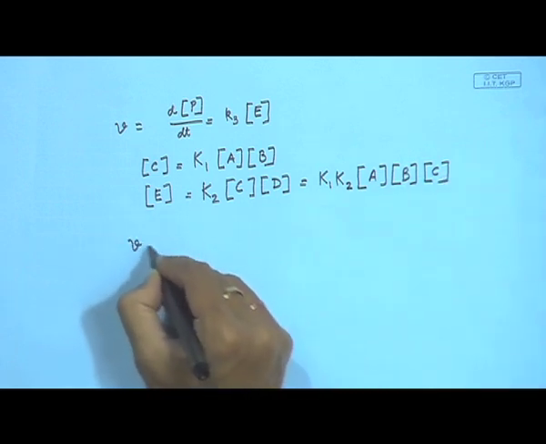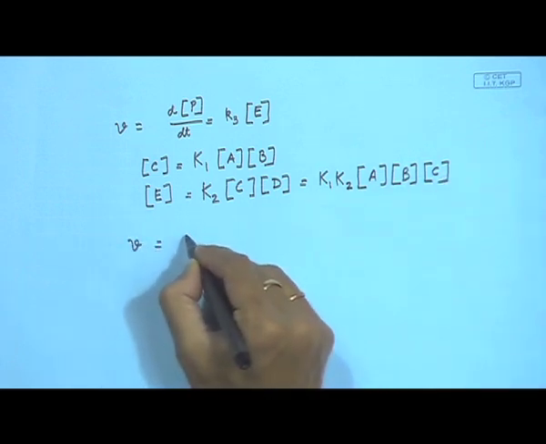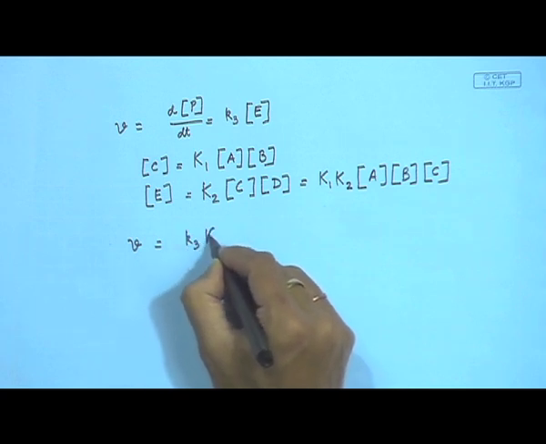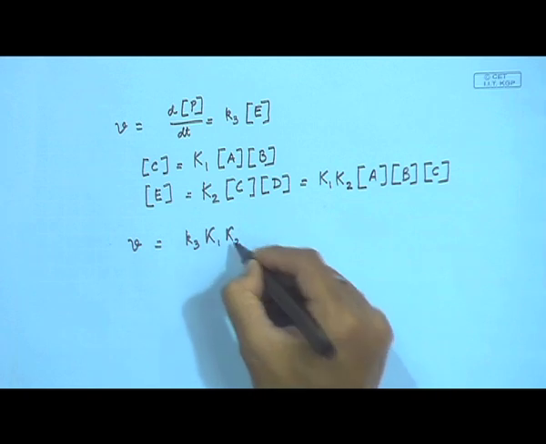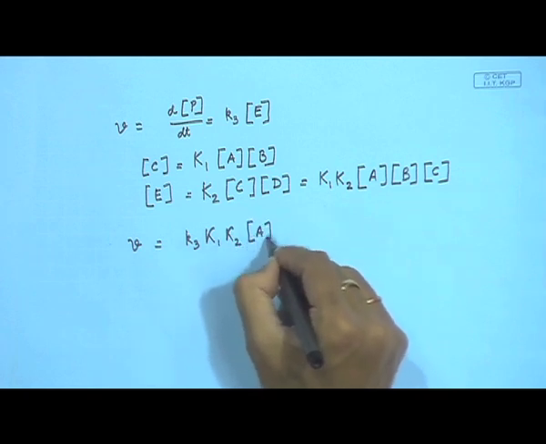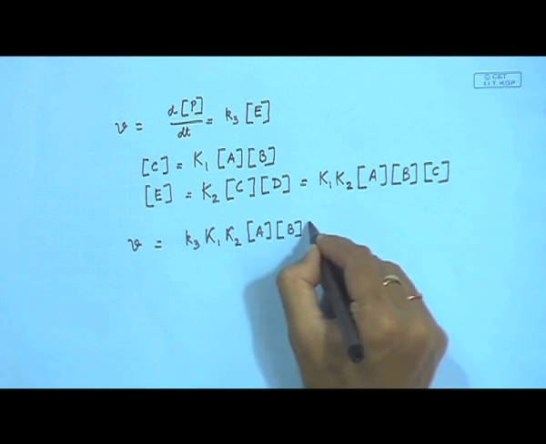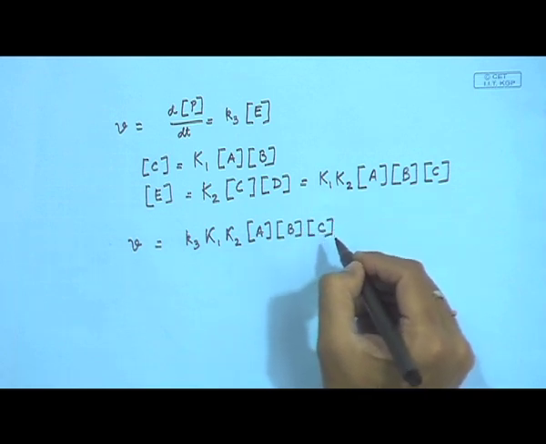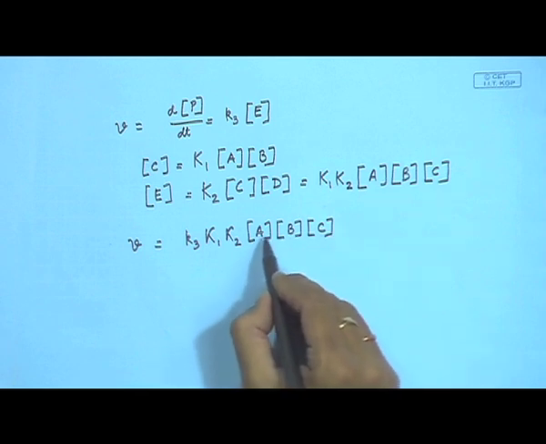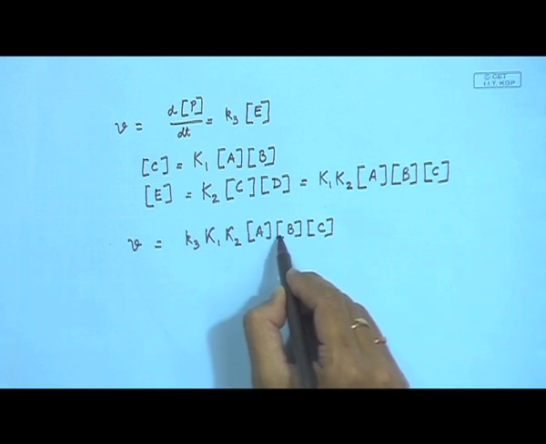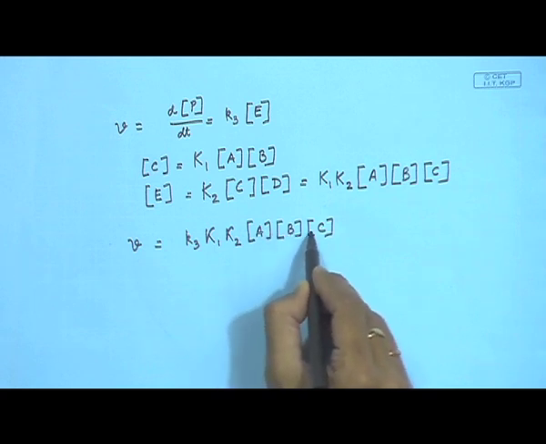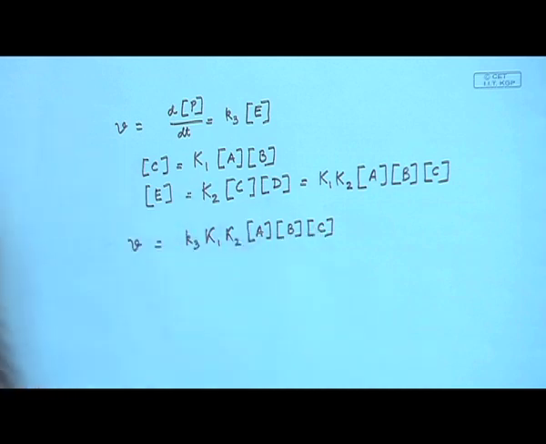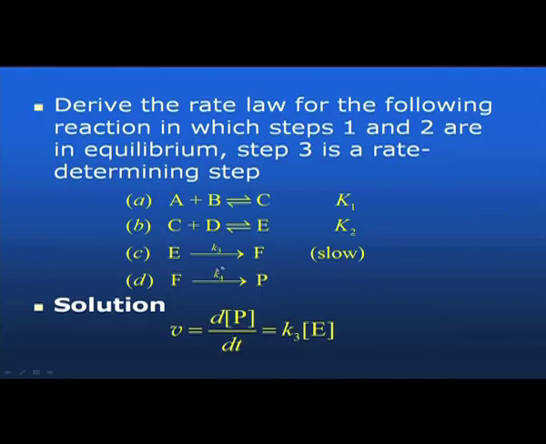Therefore, velocity is equal to K3 K1 K2 [A][B][C]. So, you see that it is an overall third order reaction, that is, 3 concentration terms are involved for this particular mechanism.